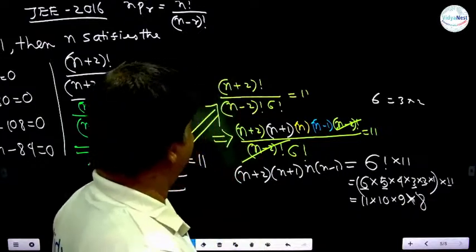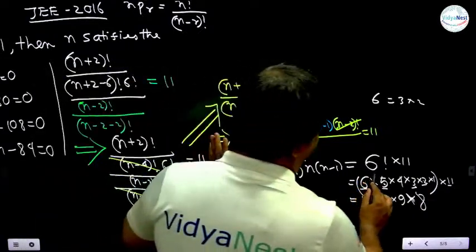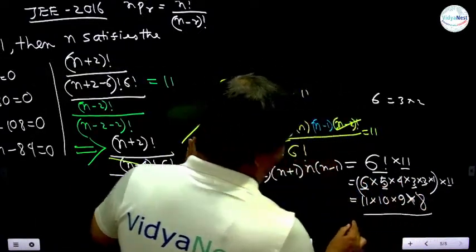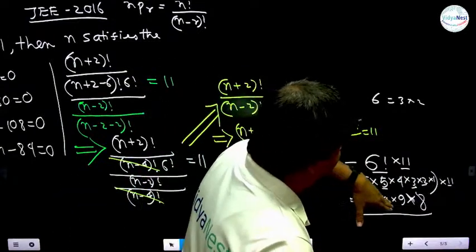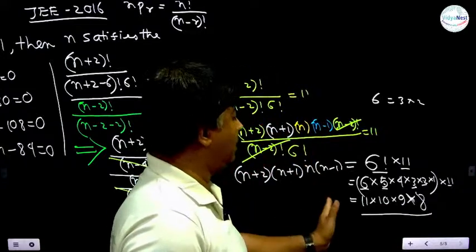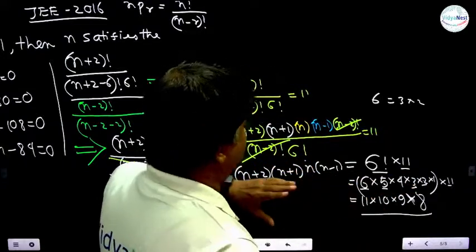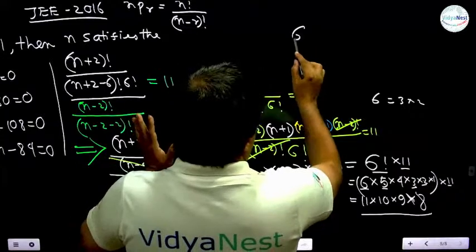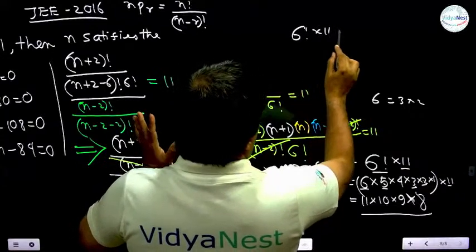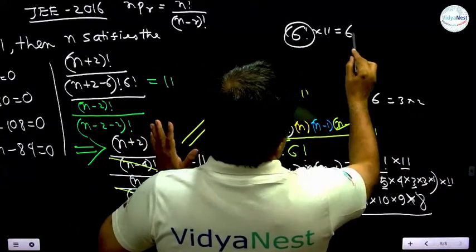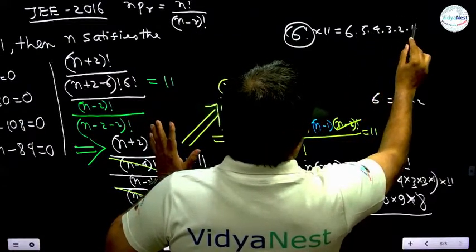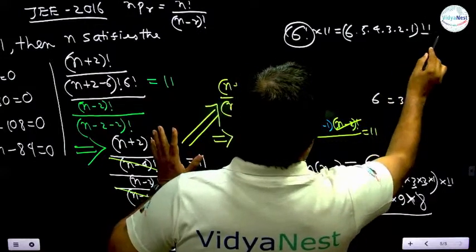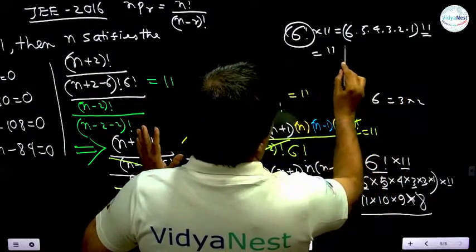Got it. So factorial 6 into 11 can be written also as the product of 4 consecutive natural numbers in descending order. You can ask me why. Factorial 6 means 6, 5, 4, 3, 2, 1, with that there is a term 11. 11 I kept separated.